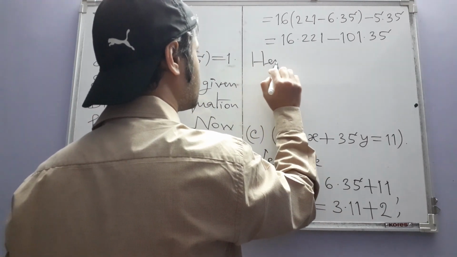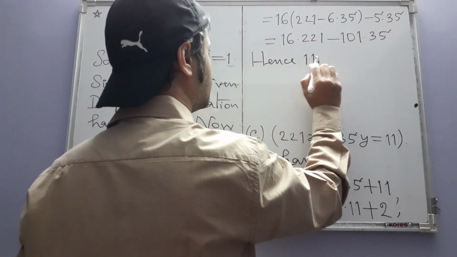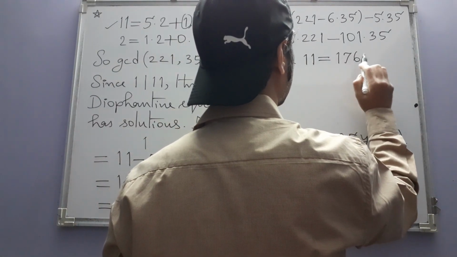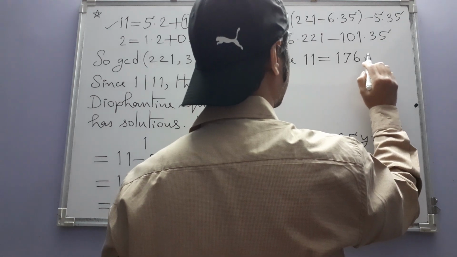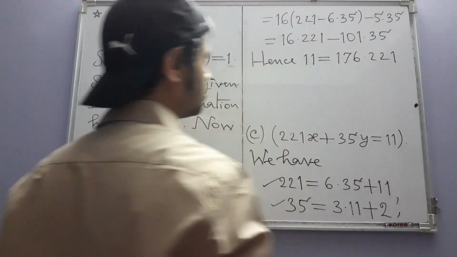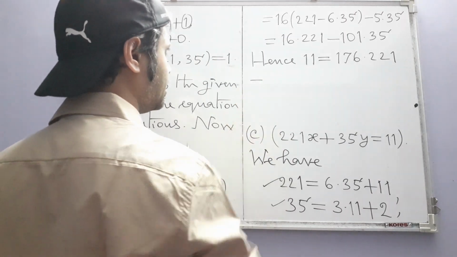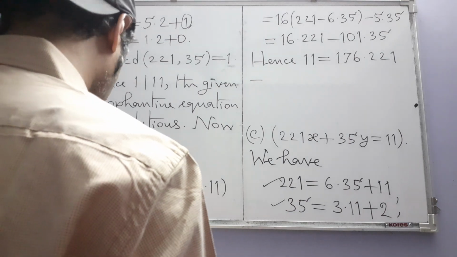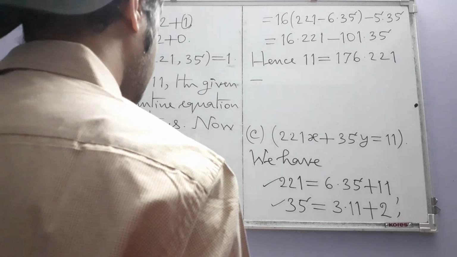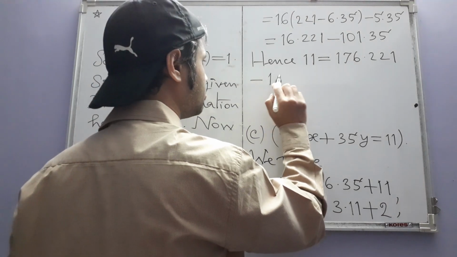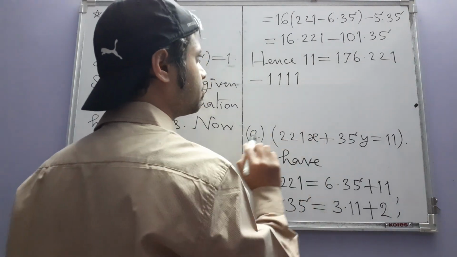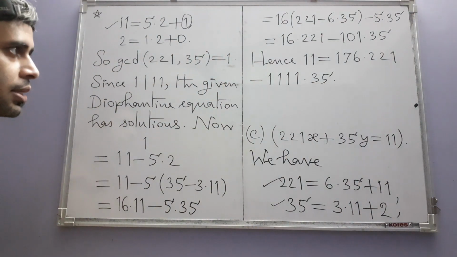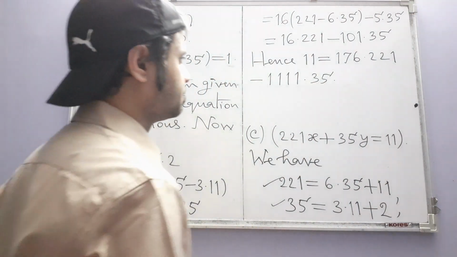Hence 11 is equal to 176, that is 11 times 16, times 221 minus 1111 times 35, and this gives us one particular solution.